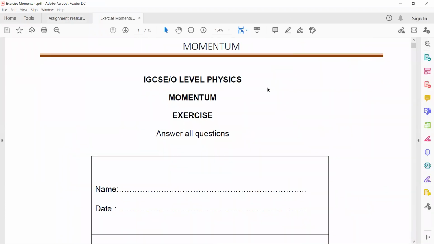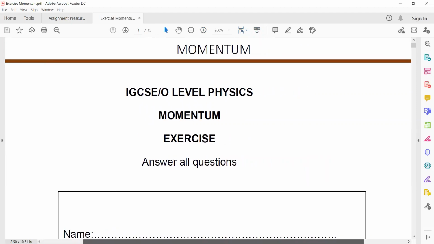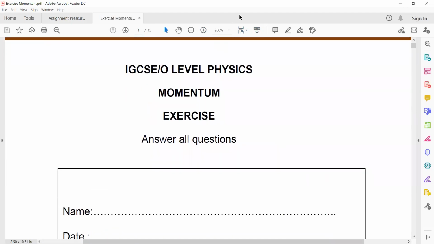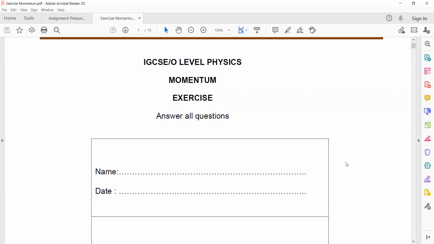Any doubt in this exercise of momentum? Mention a question in which you have doubt. Exercise momentum. Question 2 part B.